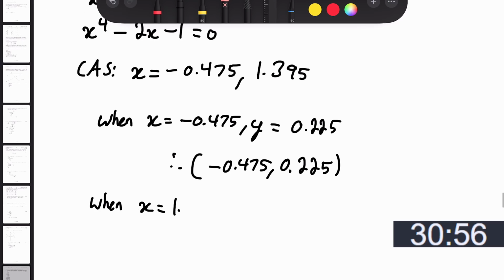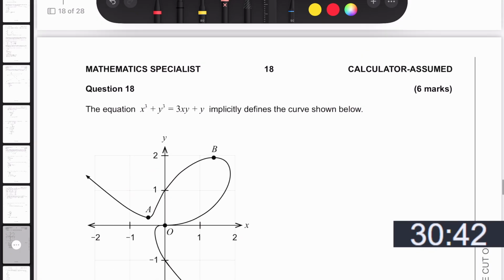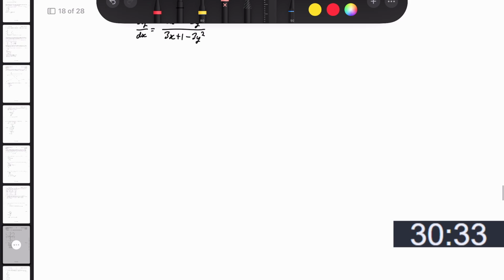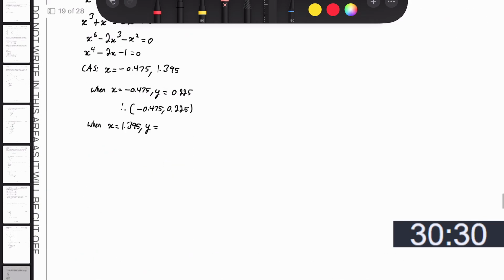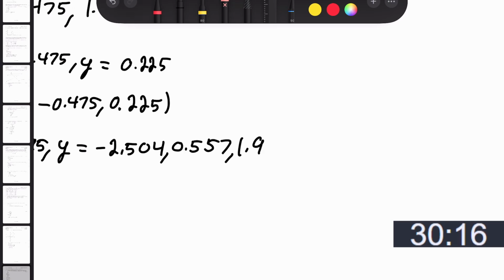When x is equal to 1.395, y is equal to, let's see, it should be about nearly 2, so 1.9, yep. So I get a lot. y is equal to negative 2.504, 0.557 and 1.947.